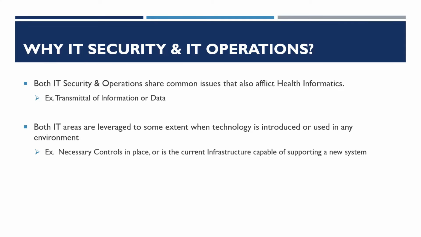Again, an example of IT security being put in place are the necessary controls to make operations function as intended or as required by regulations or standards. And IT operations would take care of issues like ensuring that the current infrastructure can handle a new system that is being brought on by, for example, a healthcare clinic.